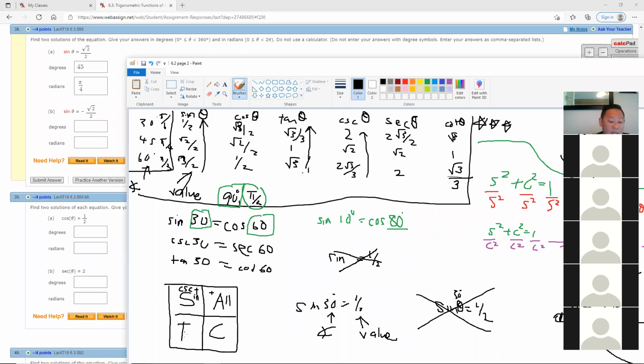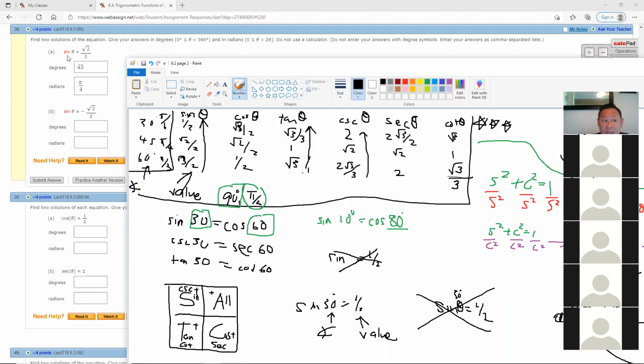In quadrant 3, tangent and cotangent are positive, the rest negative. In quadrant 4, cosine and secant are positive, and the rest are negative.